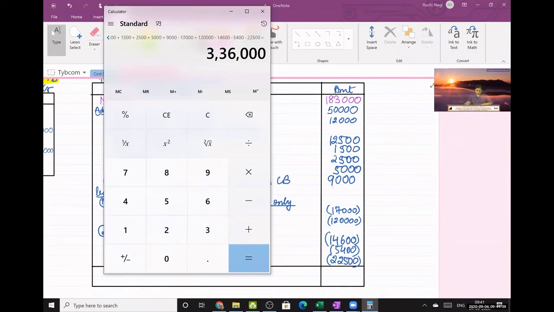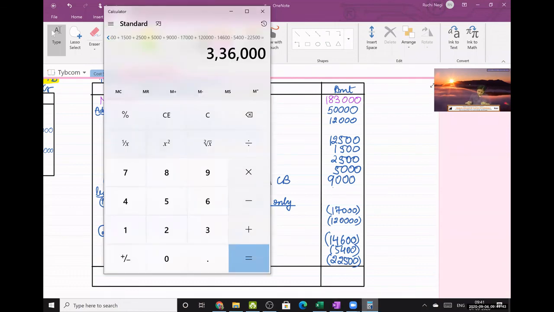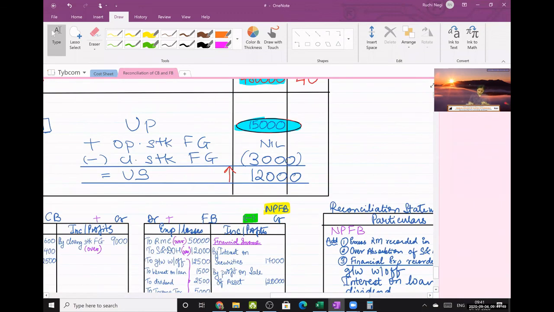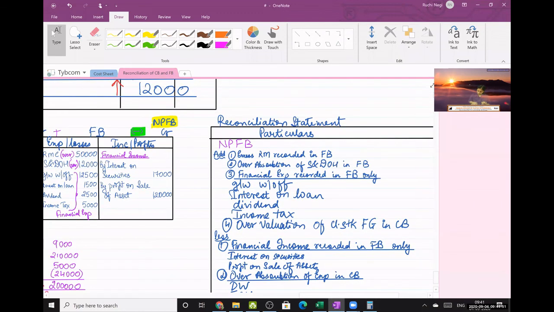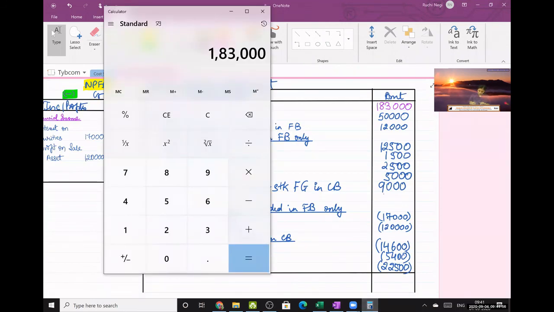Okay, so answer is 3,36,000. That's my profit. Profit 96. What is the problem? Check just a minute. 1,83,000 plus 50 plus 12 plus 500 plus 1,500 plus 2,500 plus 5,000 plus 9,000 minus 17 minus 1,20,000.